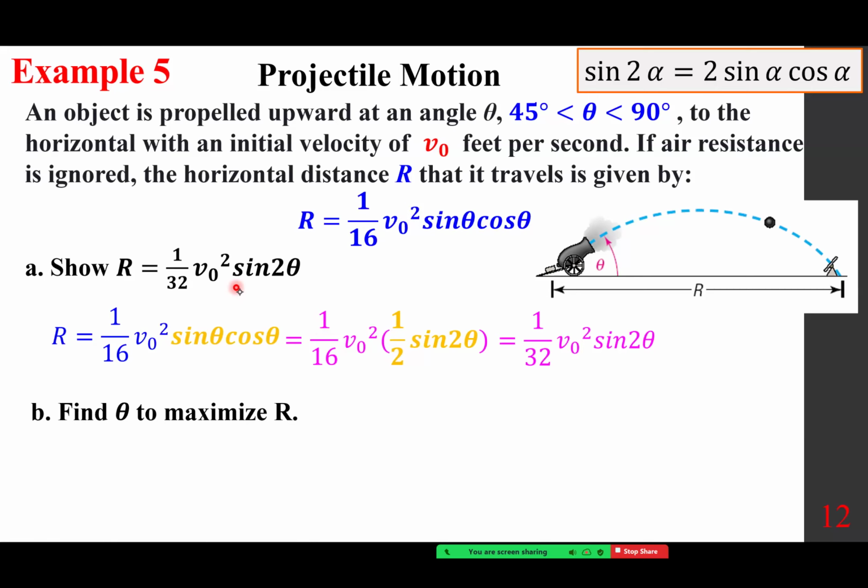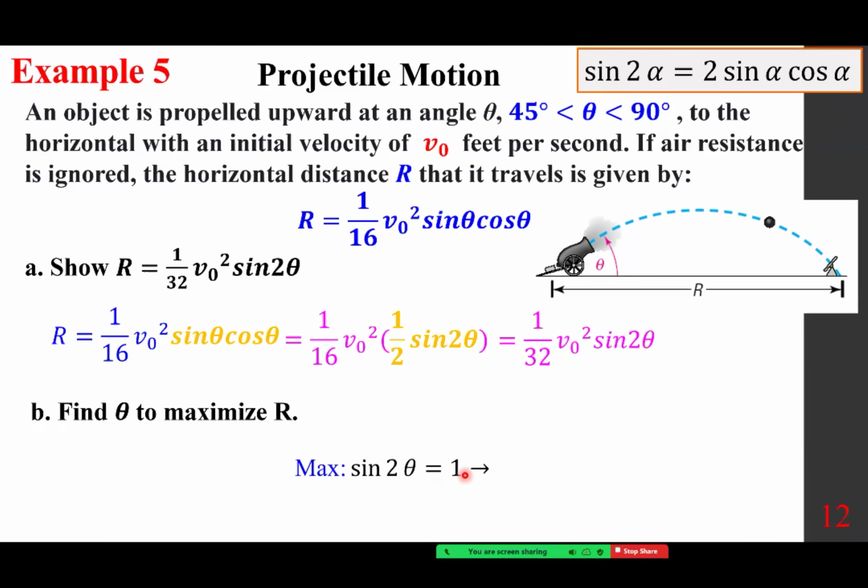Part B, find theta to maximize R. So we want to maximize this R. The limit is on the sine. The sine goes somewhere between -1 and 1. To maximize this, you want to maximize the sine. Maximum value of the sine is 1.